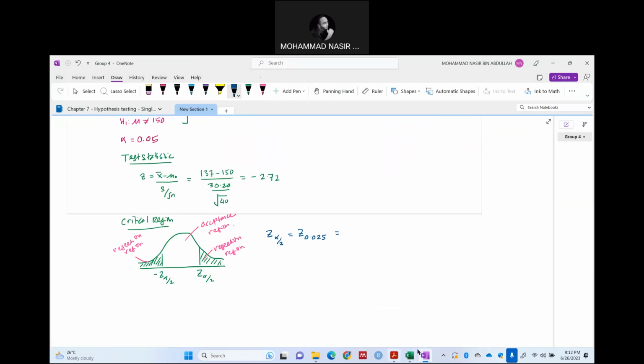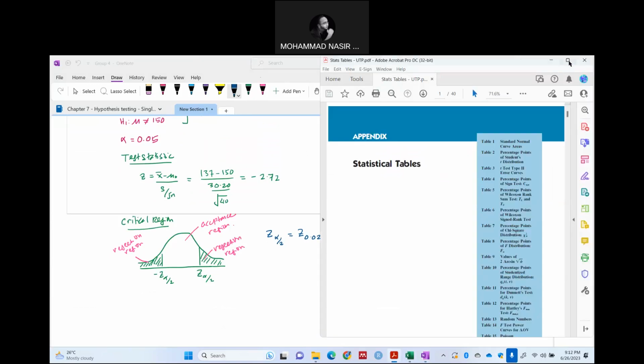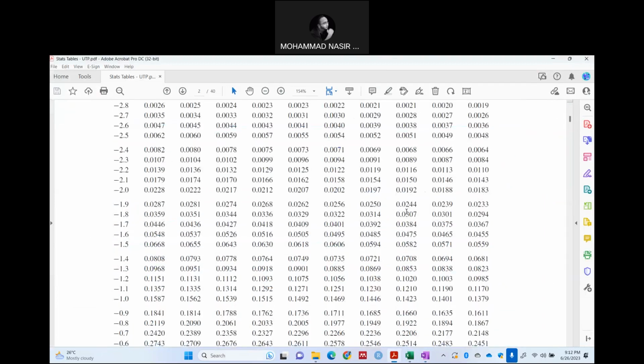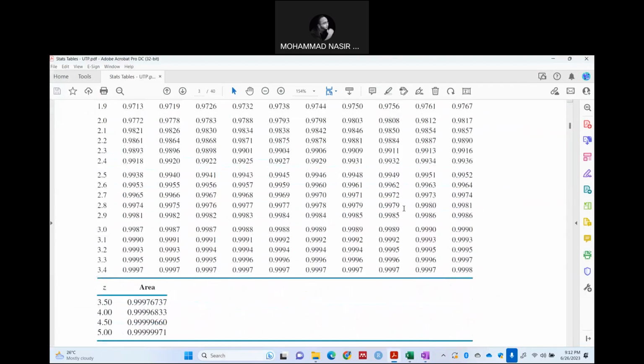If you look at the statistical table, 1 minus 0.025 should be 0.975. So we need to find 0.975, which should be somewhere here.